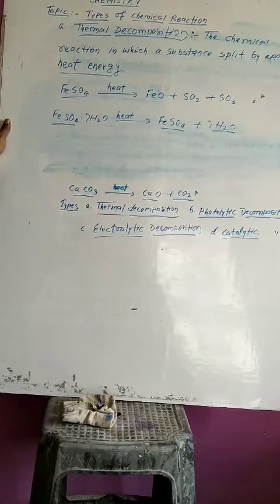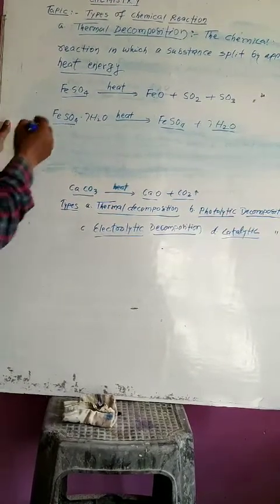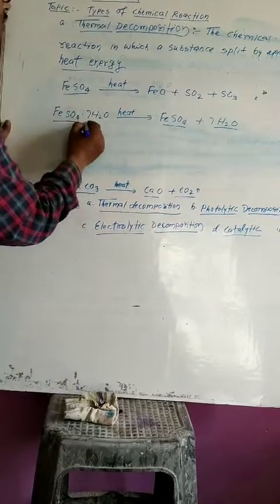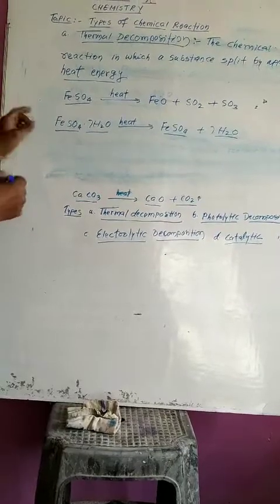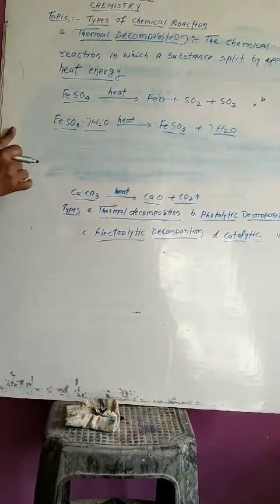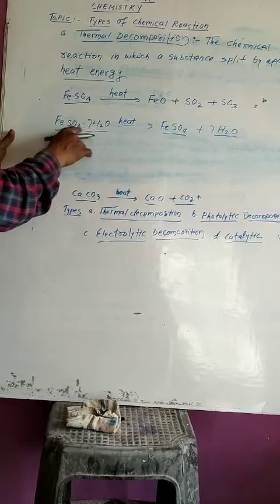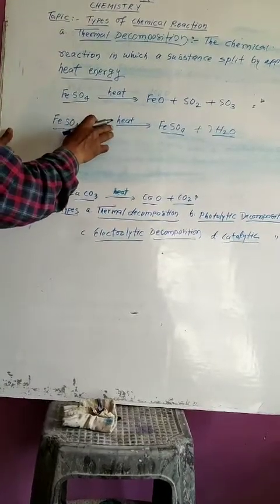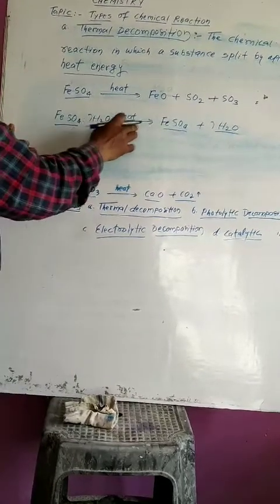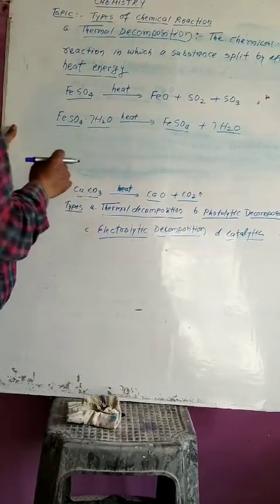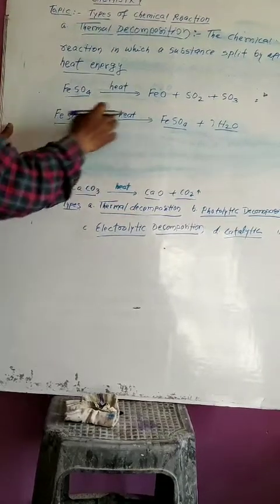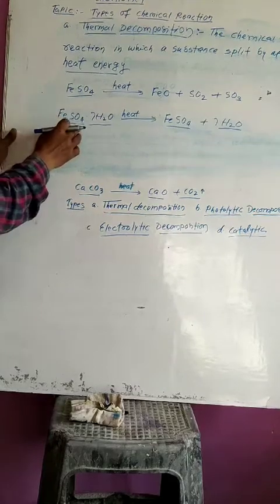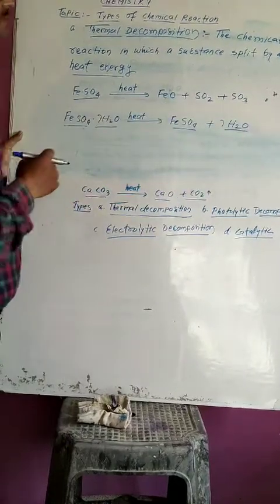The question may be asked, why does the blue vitriol or iron sulfate heptahydrate, its chemical name, it is green in color, and whenever it is heated, its color fades off due to the removal of the water molecules.